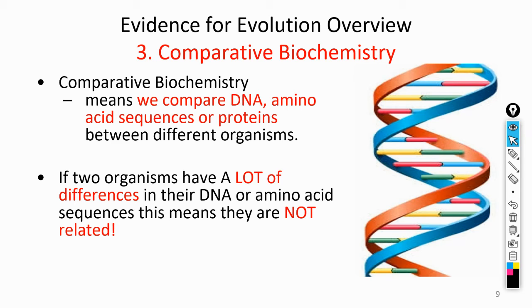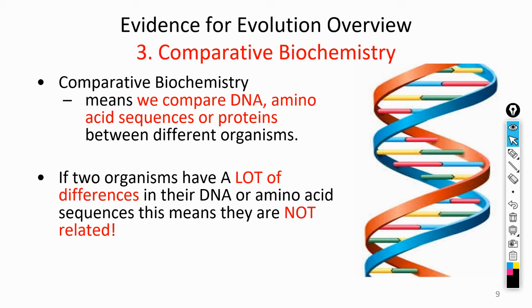Last but not least, the other piece of evidence we have for evolution is biochemistry. We started out in Unit 1 with organic chemistry, looking at carbs, lipids, proteins, and nucleic acids. For biochemistry, we compare two organisms' biochemistry, which means we either compare the DNA or the amino acid sequences in their proteins.